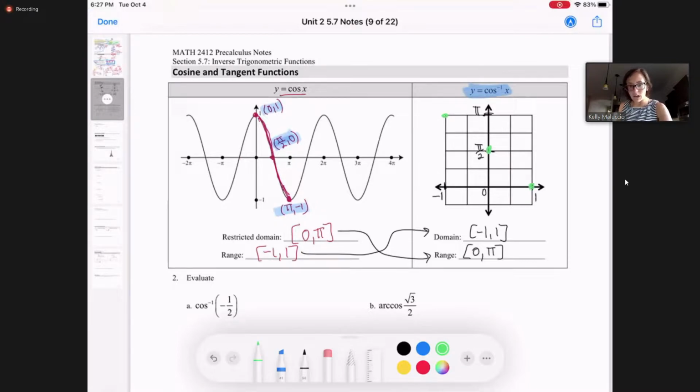It looks like it could be a straight line, but it's not. Think of that cosine. It's going to be something like this, some type of curve.